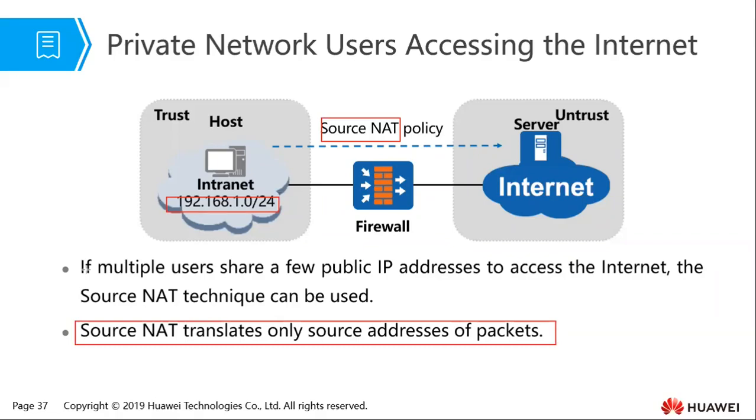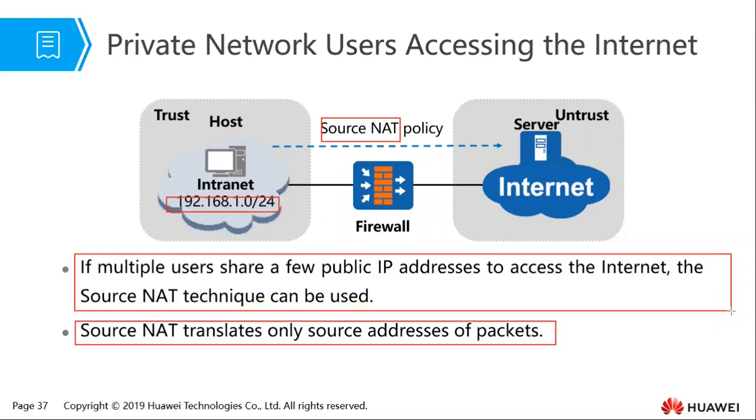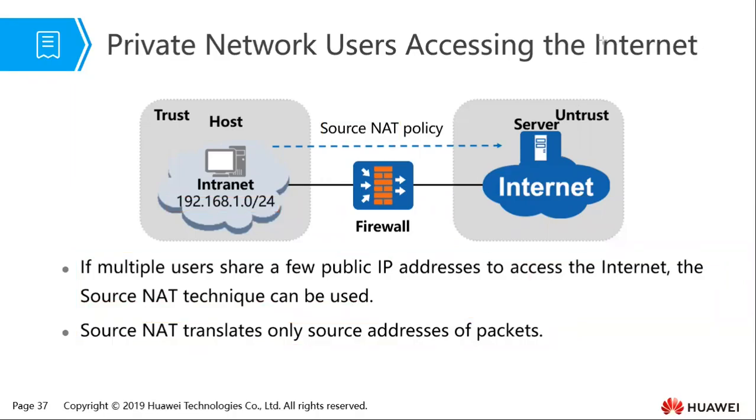If multiple users share a few public addresses to access the internet, the source NAT technique can be used. So source NAT is exactly that. We are not mapping any other thing, just the source IP address.